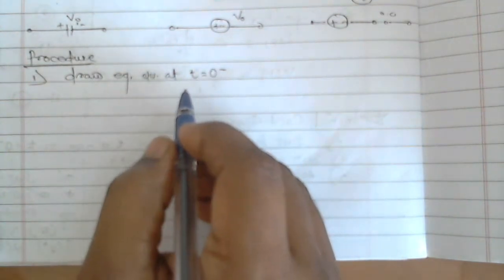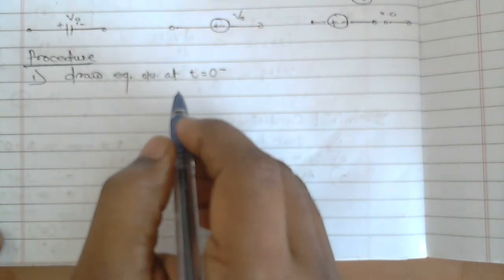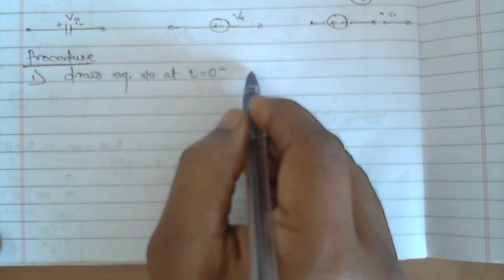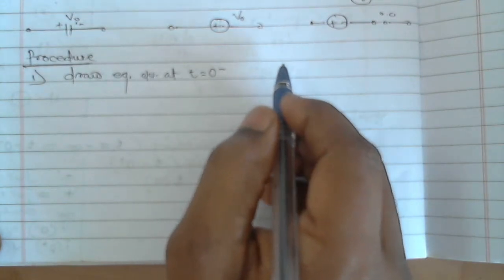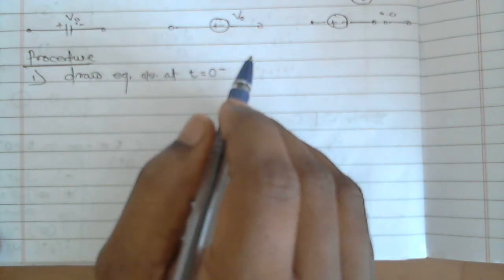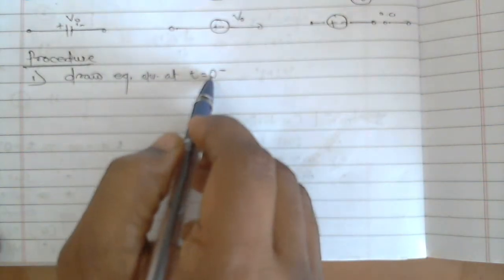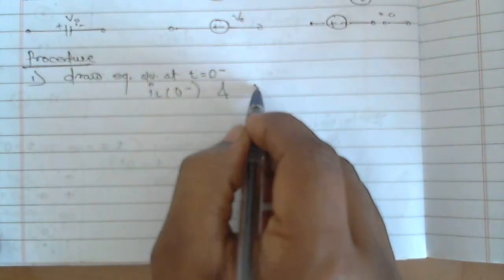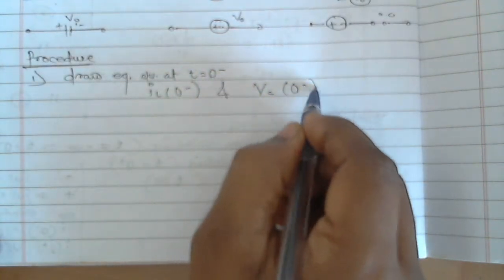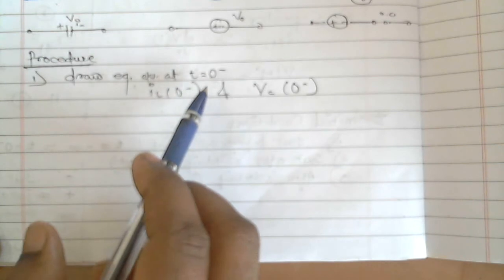Before the switching action takes place, that is from t equal to minus infinity to t equal to 0 minus, the network will be under steady state condition. So first draw the equivalent circuit at 0 minus, then find the current through the inductor, iL at 0 minus, and the voltage across the capacitor at 0 minus. So first we need to draw the equivalent circuit, then we will find the current and voltage.